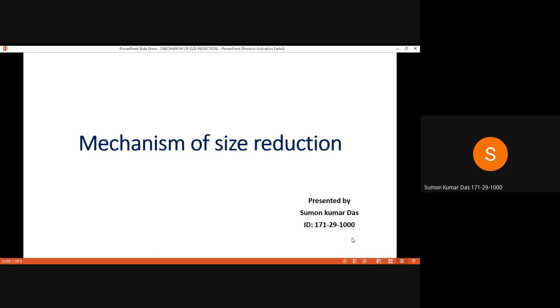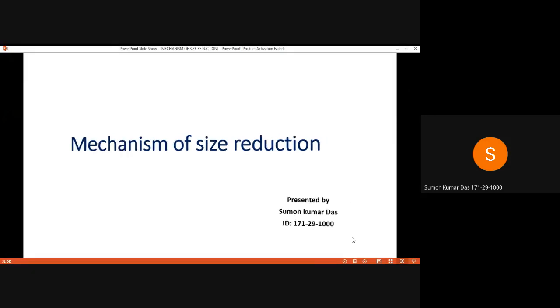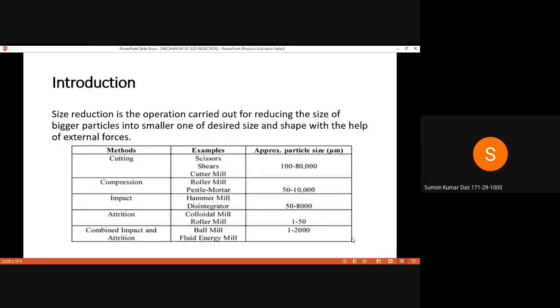Today I discuss the mechanism of size reduction. Size reduction is based on several methods: cutting, compression, impact, and attrition. These are the four best methods, and several equipment are also related to them. Suppose a hammer mill is used for the impact method.